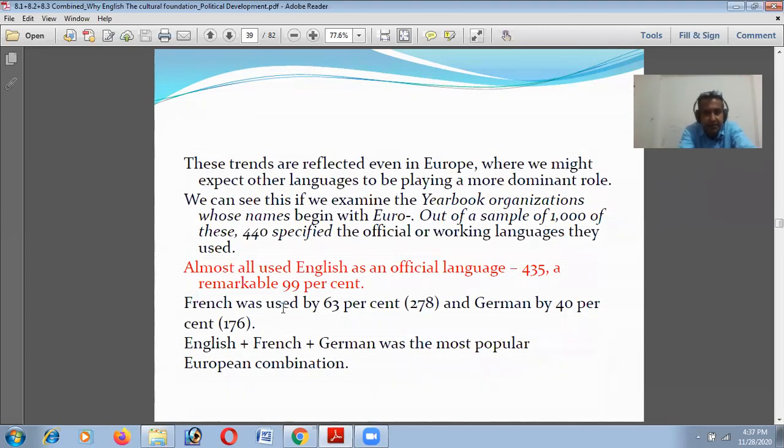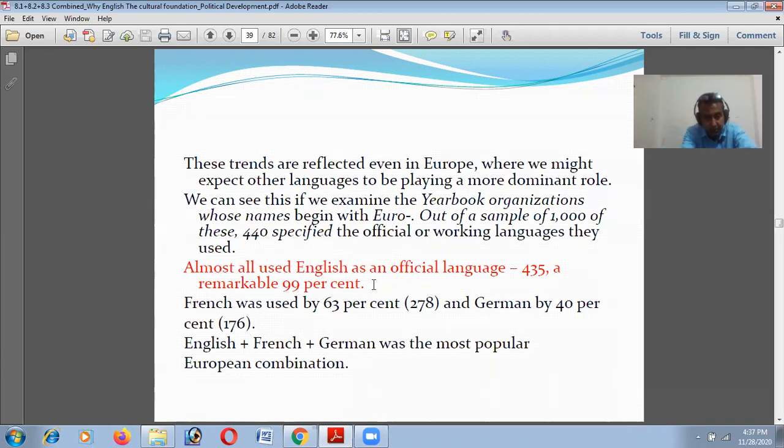So almost all used English as an official language. In a remarkable 95% of cases, the sporting organizations, scientific organizations, apart from the political organizations, use English as the common lingua franca or common language for global communications.